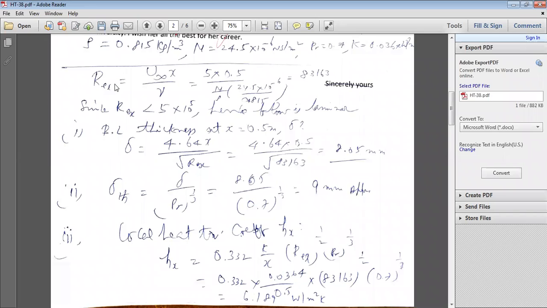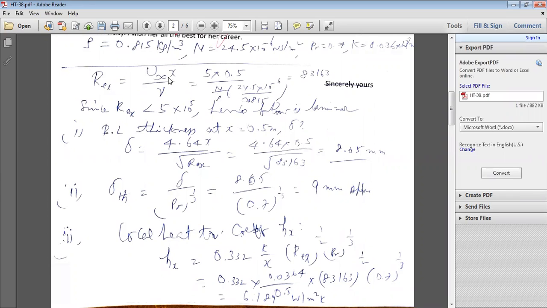That is, Reynolds number Rex is equal to U free stream into x divided by kinematic viscosity. But here kinematic viscosity is not available, so you have to calculate kinematic viscosity as dynamic viscosity divided by density.